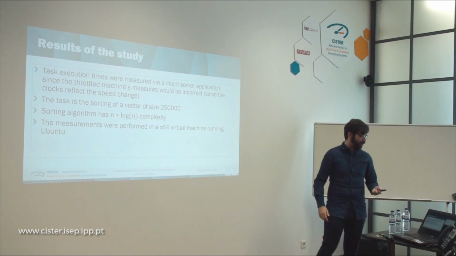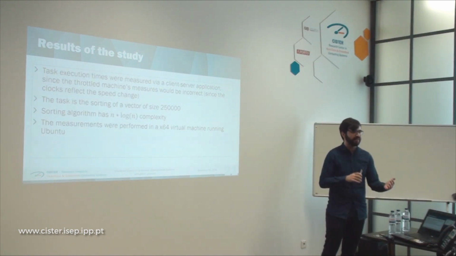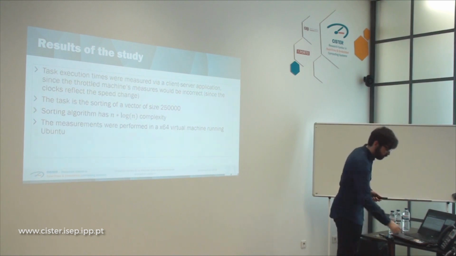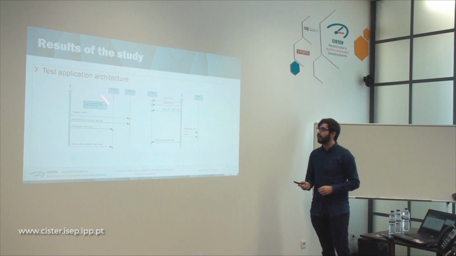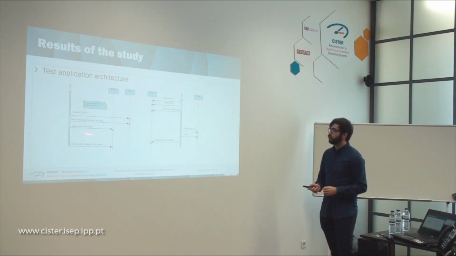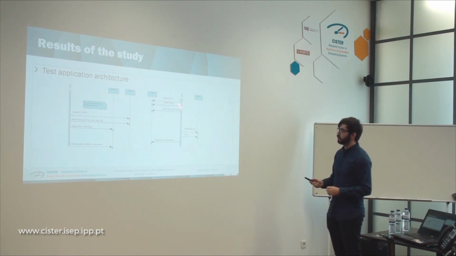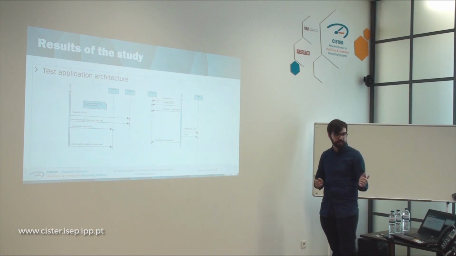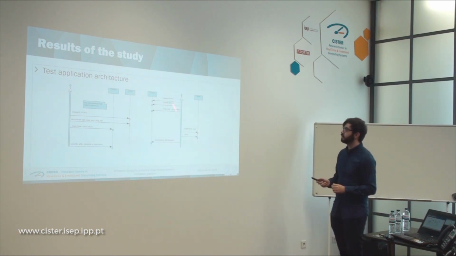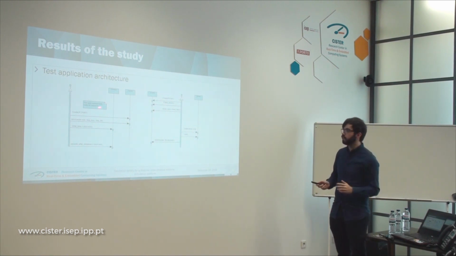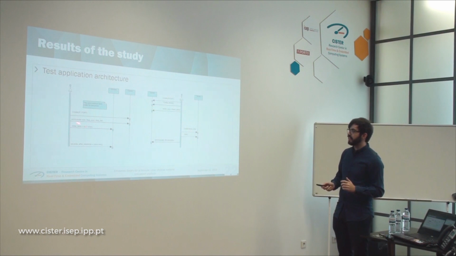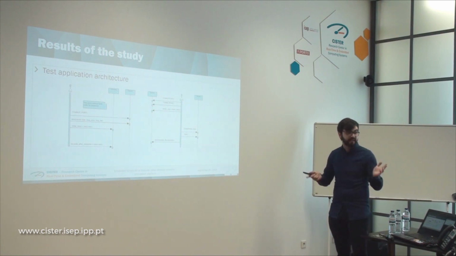Okay, so these tests were performed on a 64-bit machine. It might differ between architectures. So this is our test application architecture. We have the virtual machine here. It creates a server, tested by a TCP server and client. This is just defining vector sizes, but this is our external engine, our host, which sends the start test command.